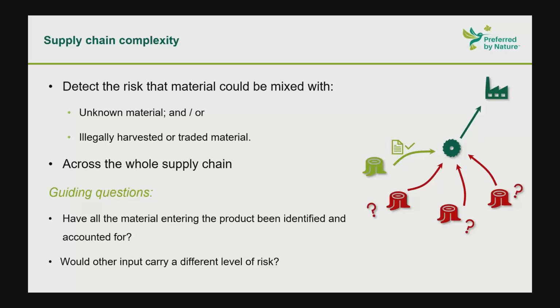So not only in the country of harvest, but really any entity of the supply chain is a point of risk of mixing. So the guiding question here is, have I identified all the material entering the final product? And whether a different input would carry a different level of risk, right? That's also the second step that's quite important.